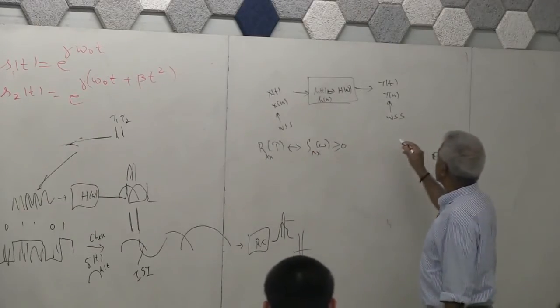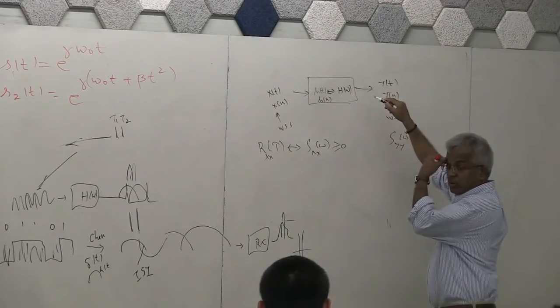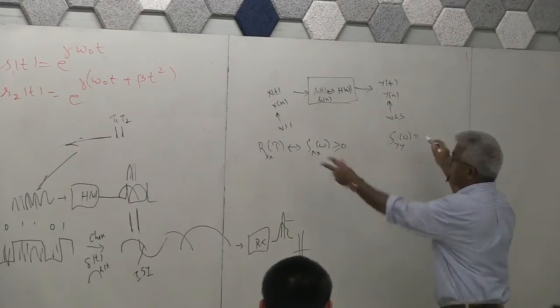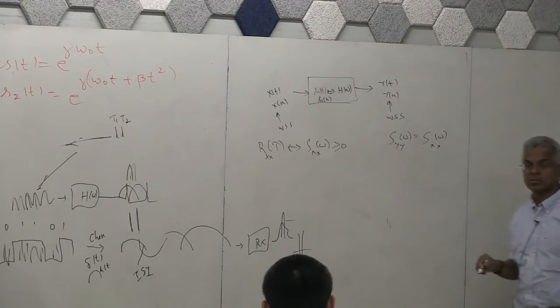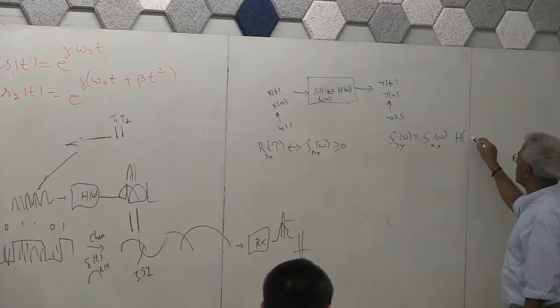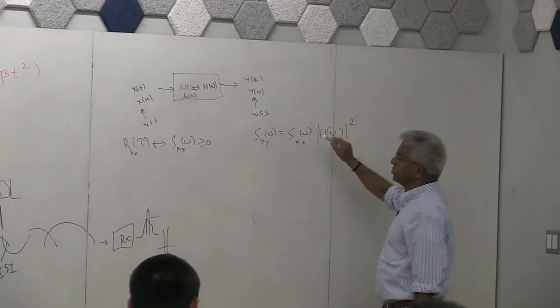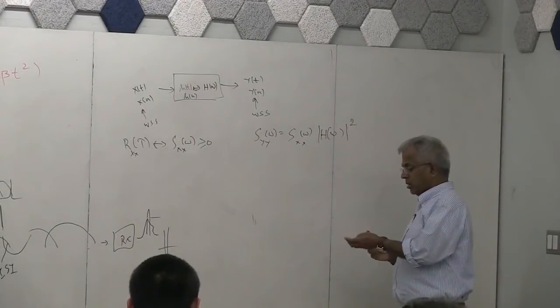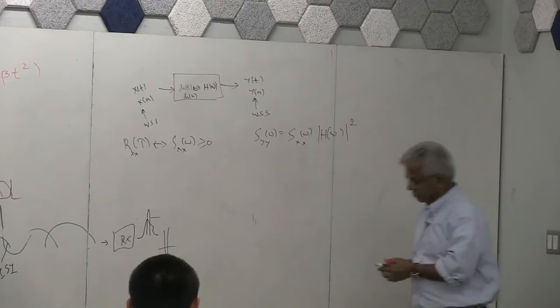Similarly, the Fourier transform of the output autocorrelation is the output power spectrum, and these two are related as what? What is the relation? Absolutely. So multiplied by |H(omega)| squared, or |H(e^{j omega})| squared, depending on whether the system is discrete or continuous.